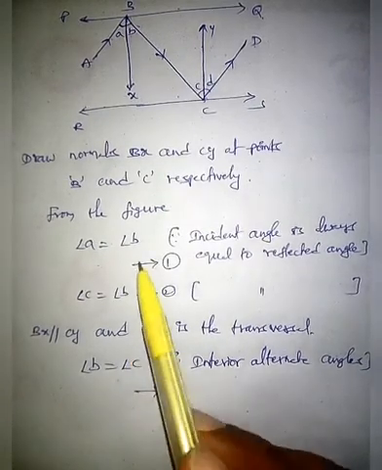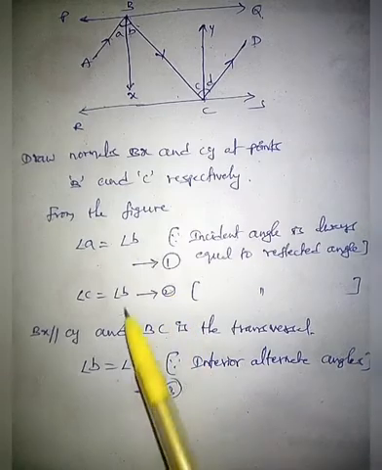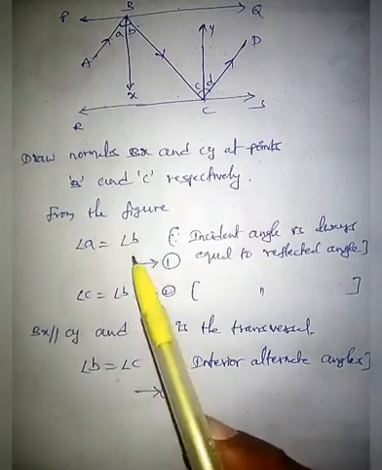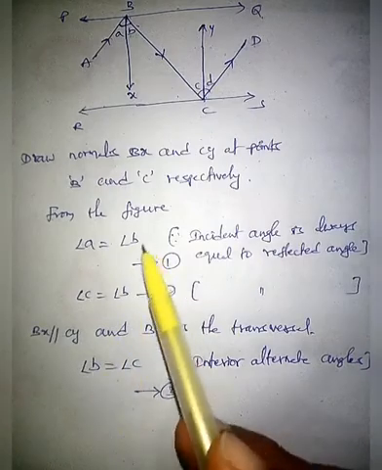Children, from equations 1, 2 and 3, all four angles A, B, C, D are equal to one another.